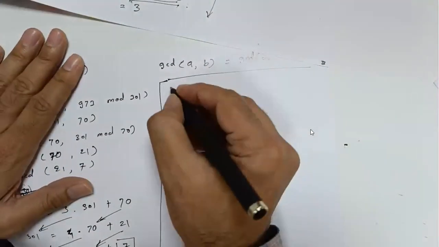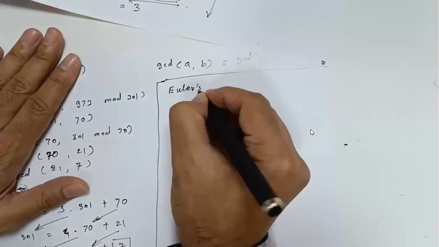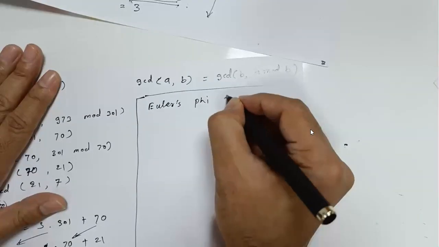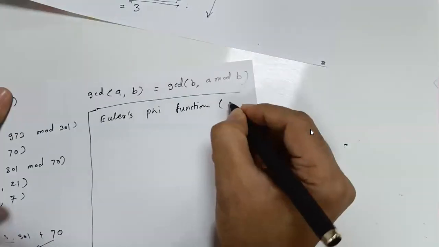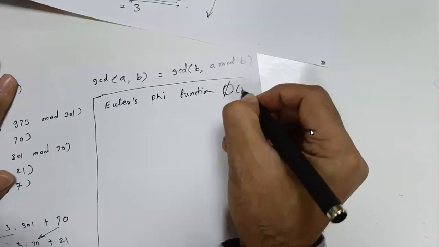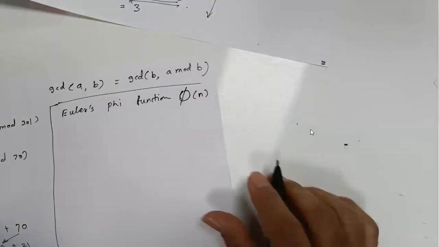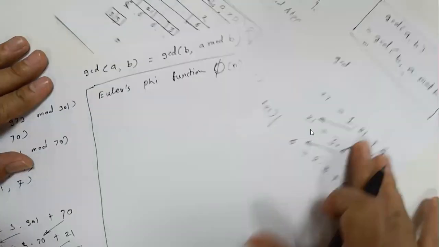Now, the new concept is Euler's phi function, or it is called phi of n. Okay. Now, what exactly is this one?